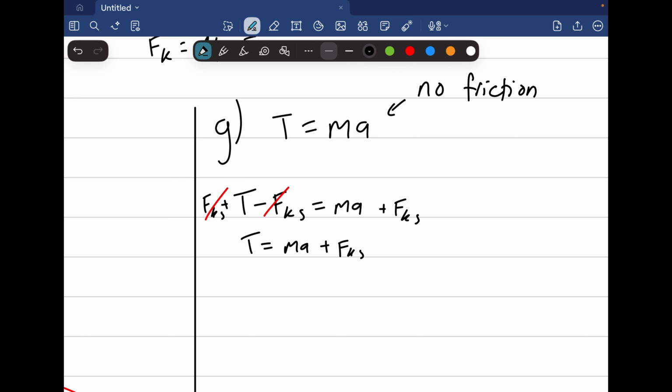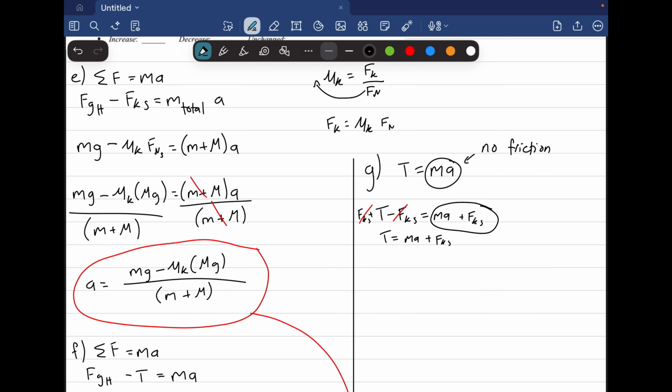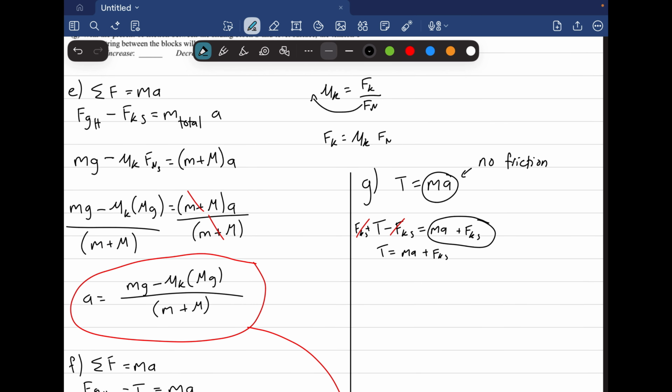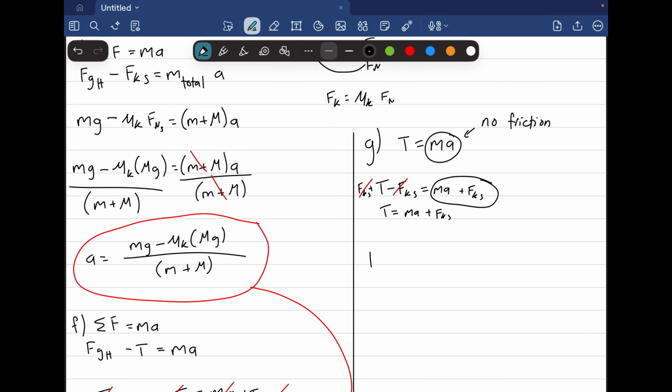So because there's friction, this T is larger than when it's only MA, right? Because you're adding in the FK. So to answer the question, your tension would increase when there's friction.